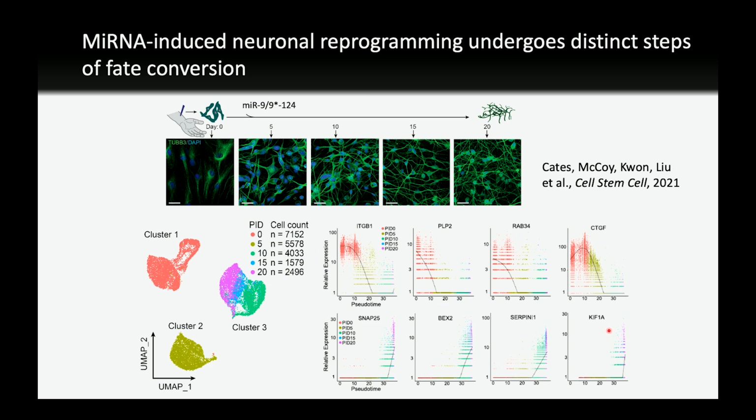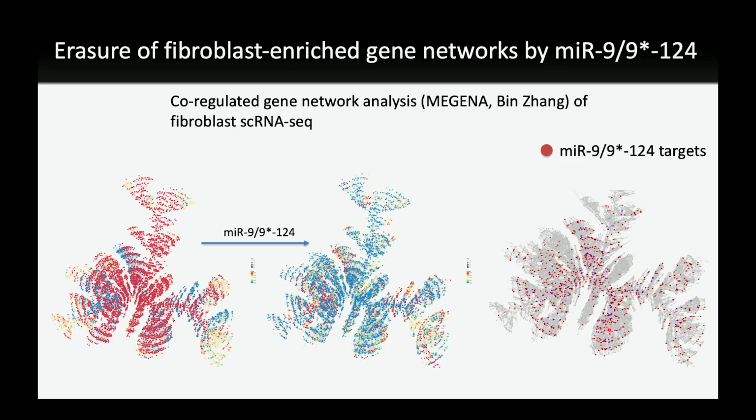The reason why microRNAs are so potent in terms of inducing this event is because if you look at all genes, they're highly enriched. All these red dots are different genes, highly expressed in fibroblasts. And then you throw in microRNAs, and basically this whole fibroblast network goes away.